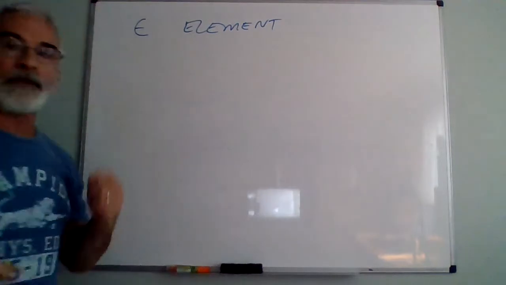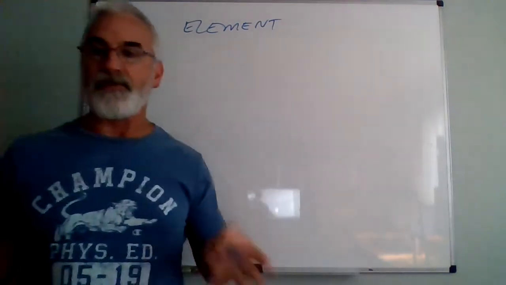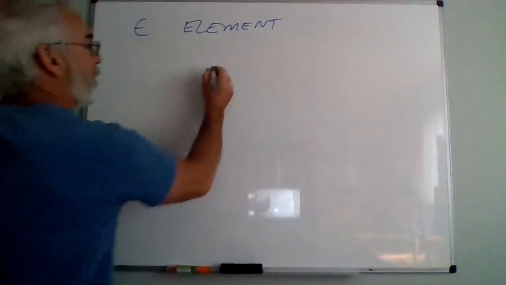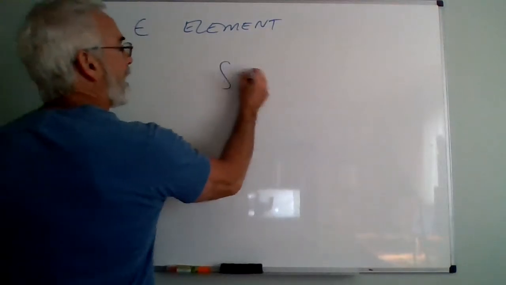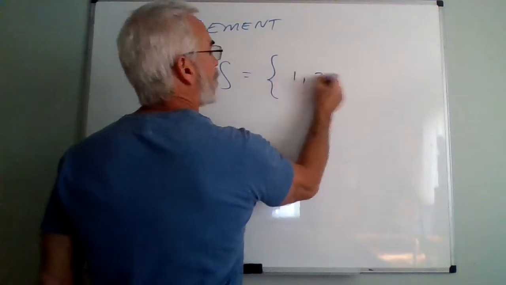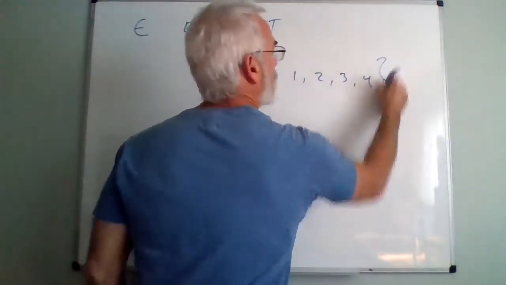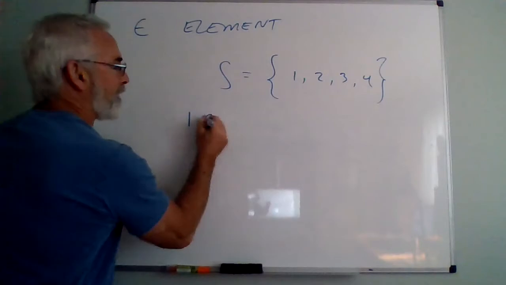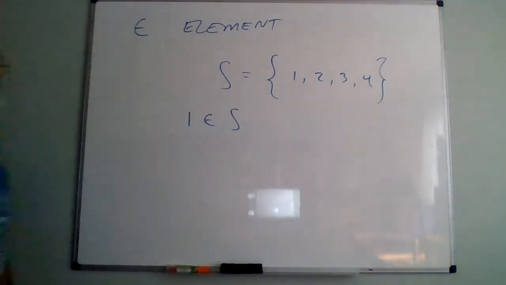The element symbol means if I have a set of things, an element is one of the things in the set. So for example, here's my set S. My set S is, let's say, 1, 2, 3, 4. The number 1 is an element of S. That would be a true statement.